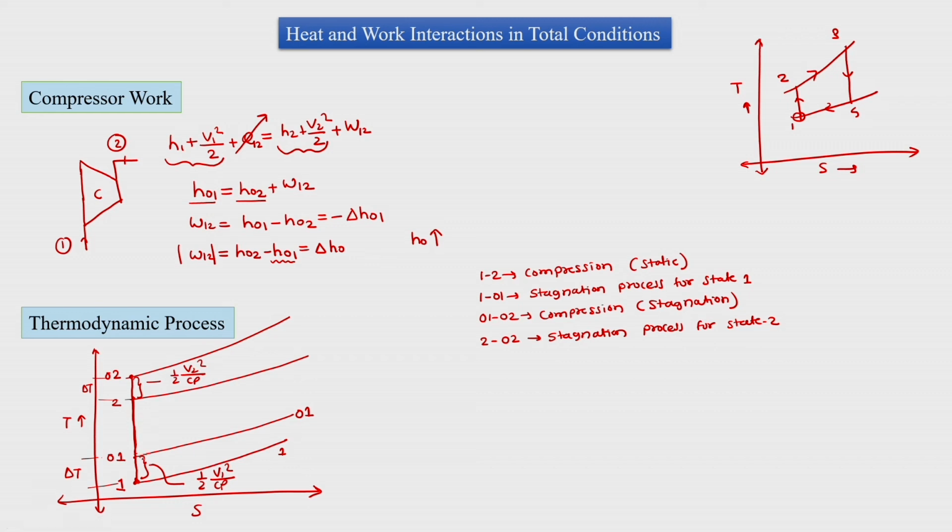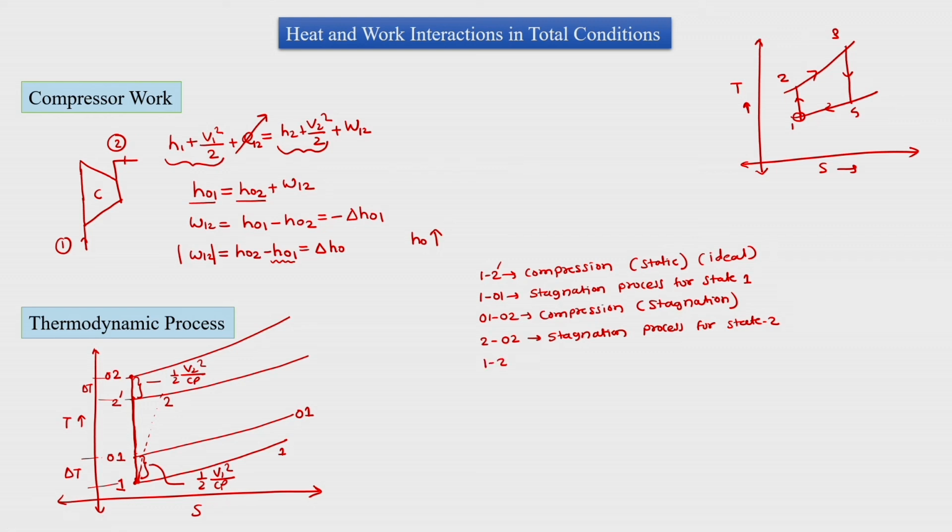thermodynamic process for compressor looks like if we start accounting the stagnation conditions, but the process of our interest was here, 2 dash. So, here the process which is ideal from our perspective, and then we have the real process as 1 to 2.